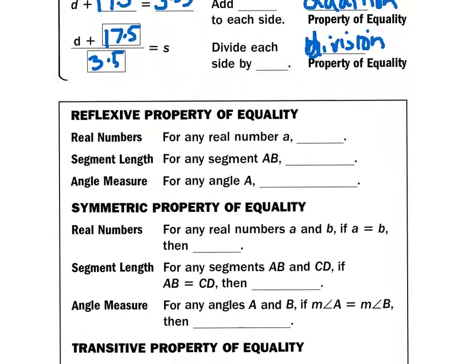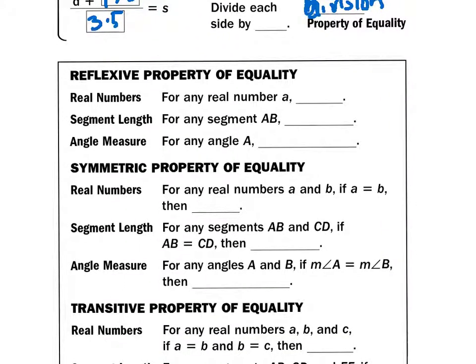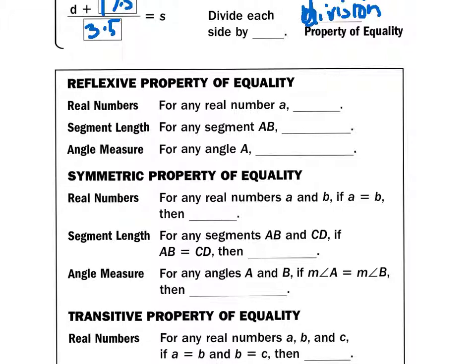Okay, reflexive property. For any real number a, a equals a. Seems kind of strange, but we'll use it. Segment length. For any segment AB, you can also say the segment AB equals AB.